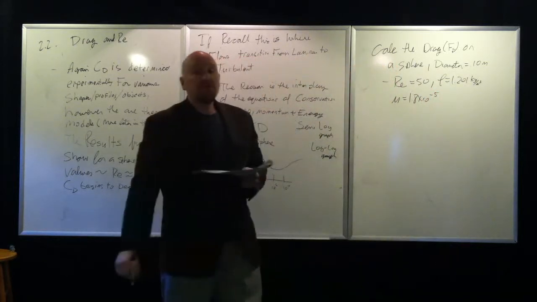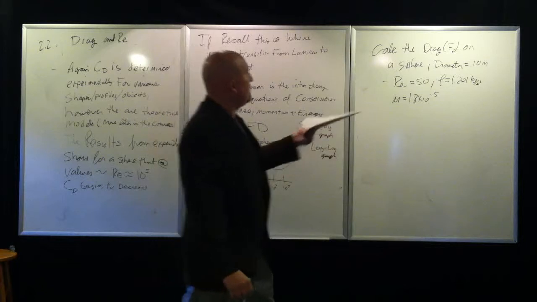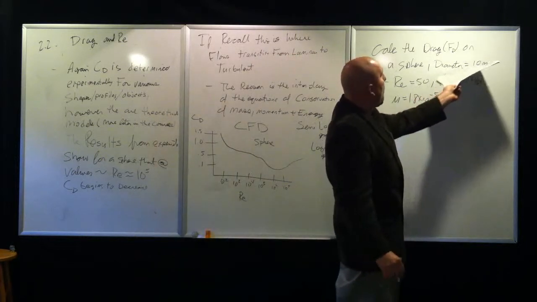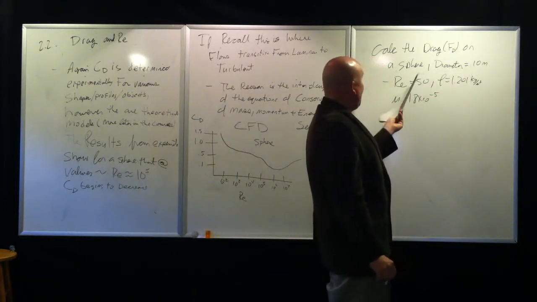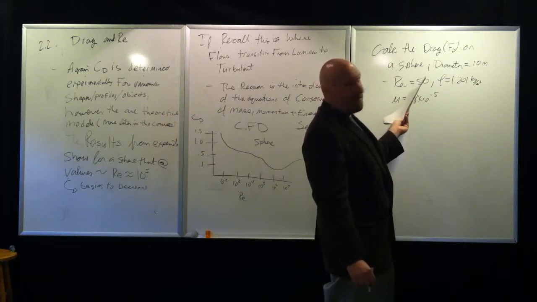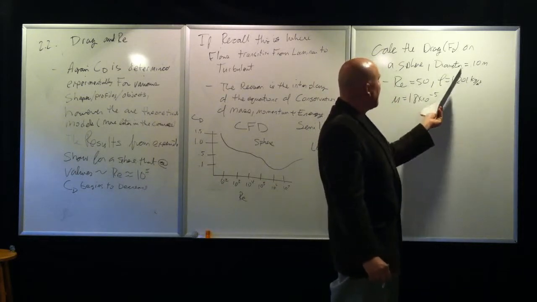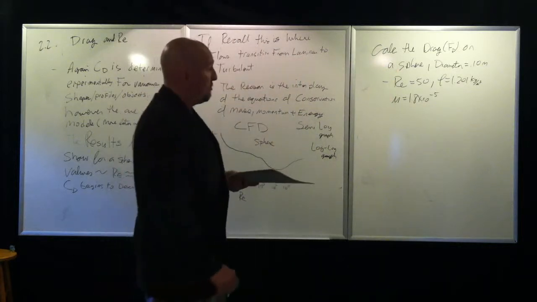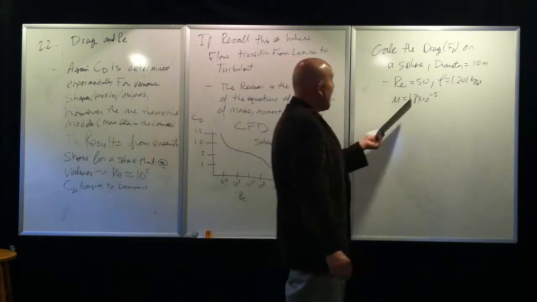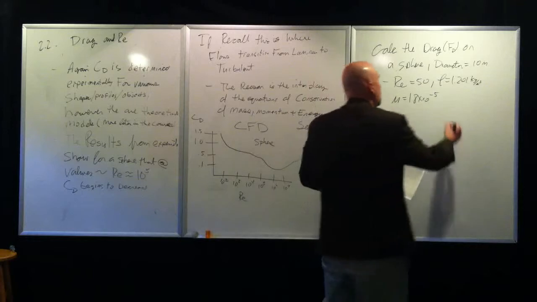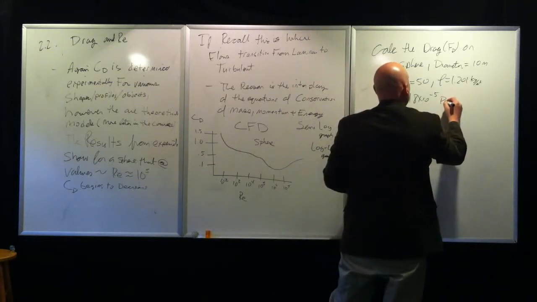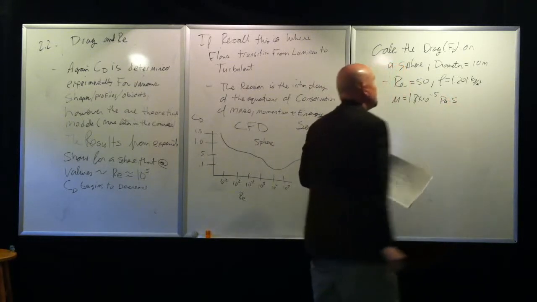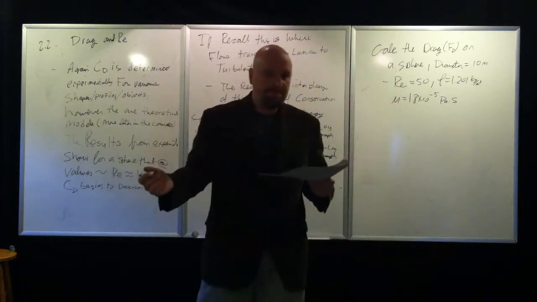Let's calculate the force of drag that's going to be seen on a sphere that has a diameter of 0.1 meters in a flow that's represented by a Reynolds number of 50. The density of the fluid, in this case air, is going to be 1.201 kilograms per meter cubed, and the viscosity is going to be 1.8 times 10 to the negative fifth pascal seconds.